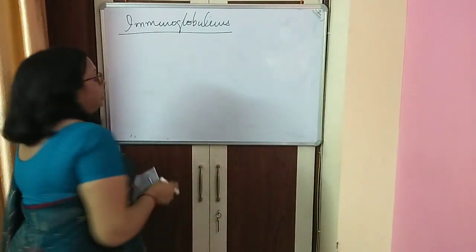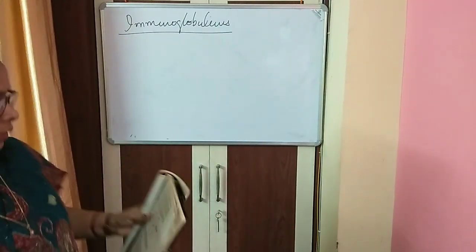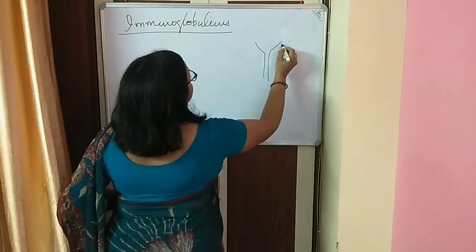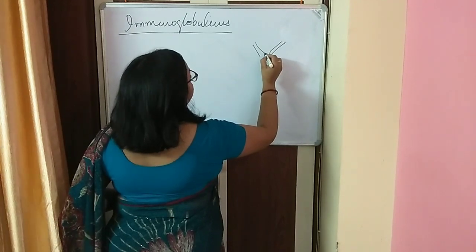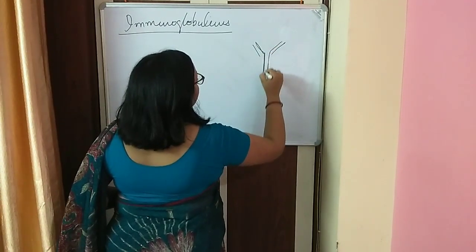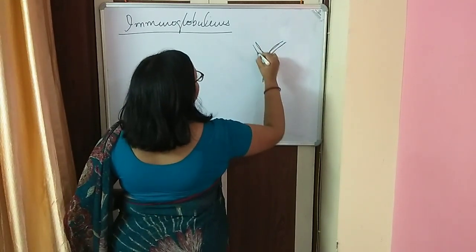When you see their structure, they have a Y-shaped structure. The middle branch is the heavy chain, and these are the two light chains.